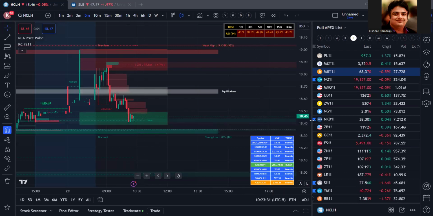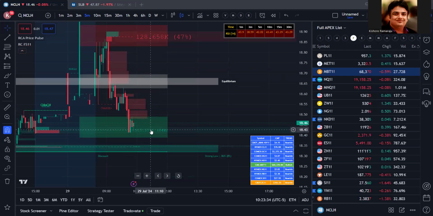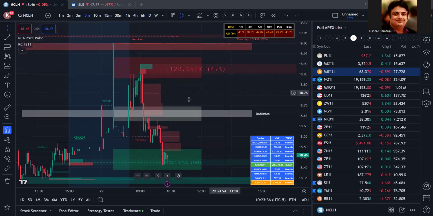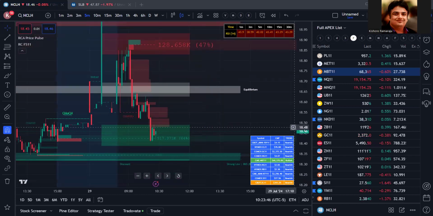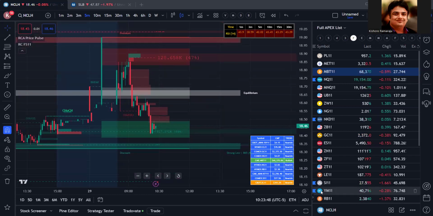Yeah, right. Because we have a huge buy order block. It is overall a bullish ticker, right? You can see the green color. It went all the way to $19, and it did a pullback. So it is a good opportunity to buy the calls. We can get NCLH options.